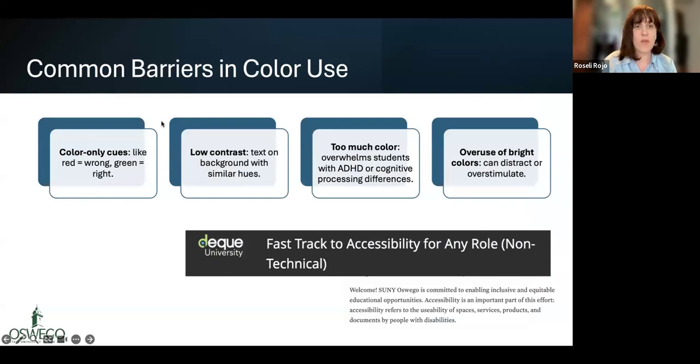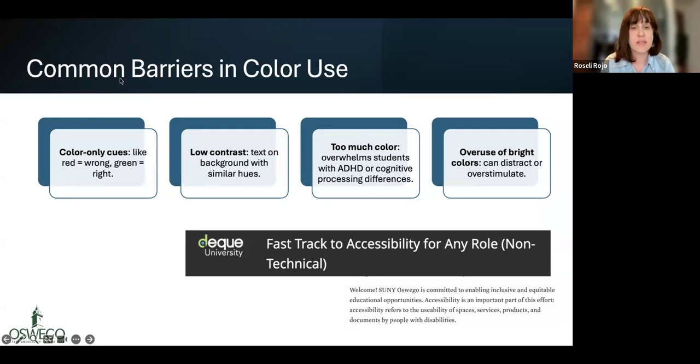Before talking about the common barriers in color use that we normally face, I want to comment that this semester, in my journey in accessibility, was the first time that I was able to learn more about how to incorporate resources in the classroom and to develop my materials with accessibility in mind. There were very important tools that I was using, and I still use them in my work.